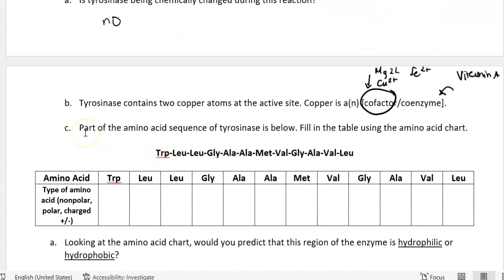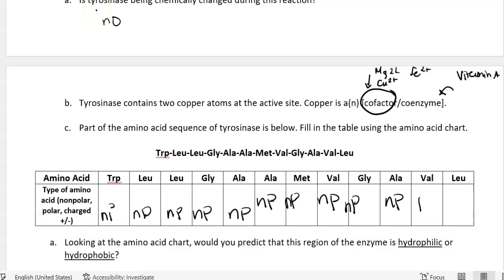Now, C says part of the amino acid sequence of tyrosinase is below. So now we're looking at a different sequence, and we're going to fill in the table using the same amino acid chart. Some people were scared because all of them are nonpolar.